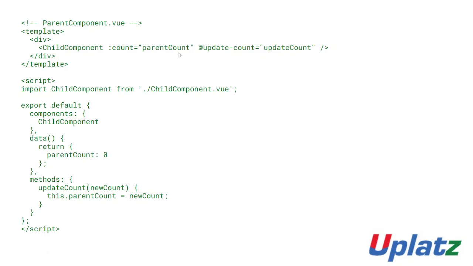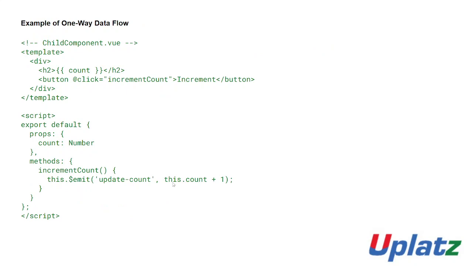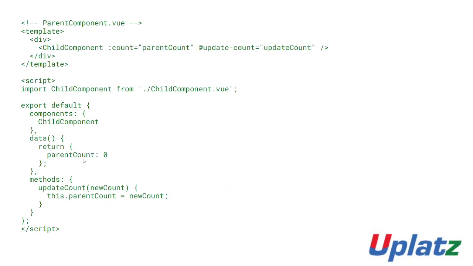This parent count is here. This is the count property, and here is this dot count plus 1. It sends there. Parent count is 0. Now data function is closed, comma, methods property.